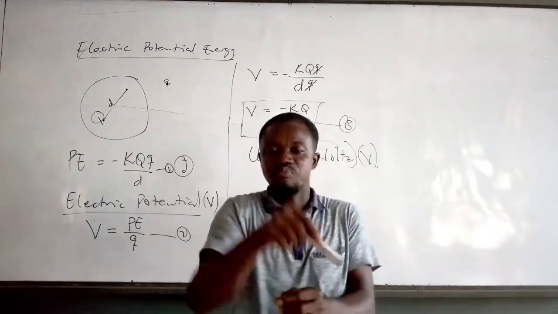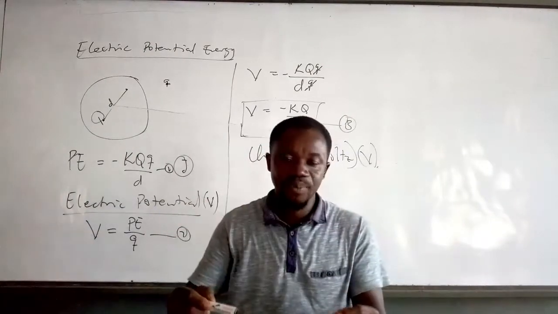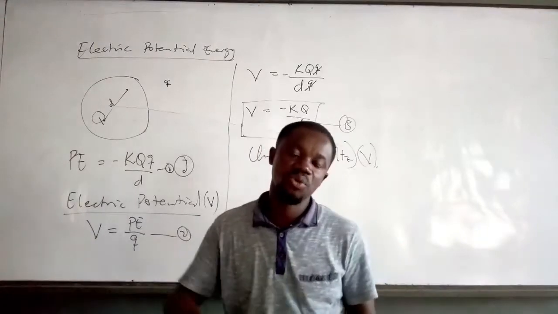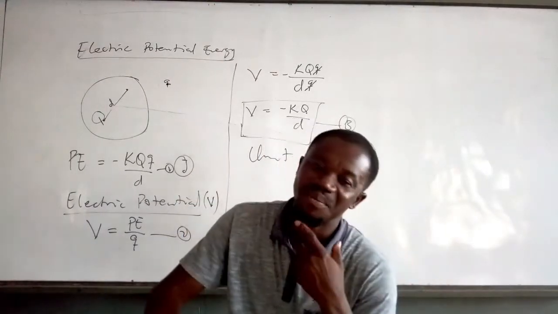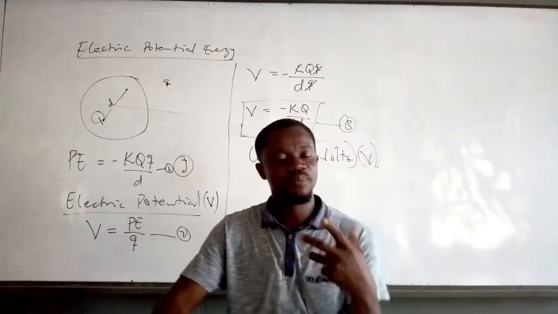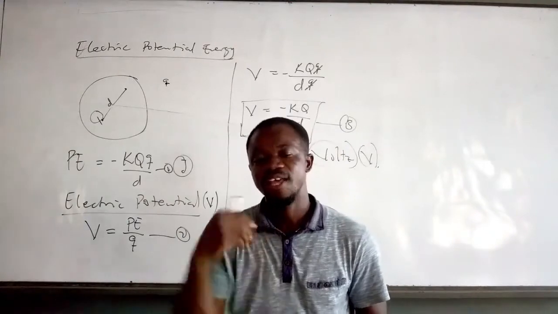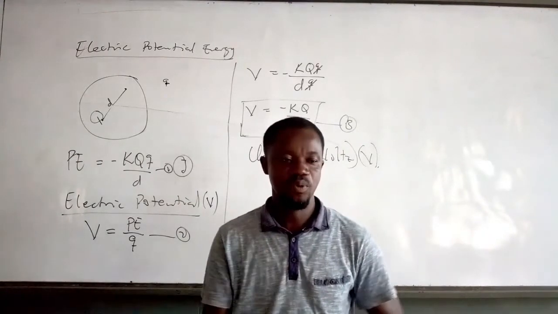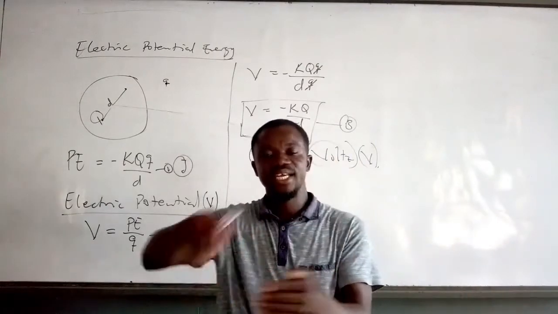We are moving it from one point in the field to another point in the field, from a point of low potential to a point of high potential. That is what we call electric potential difference. I hope you understand what I'm talking about. So electric potential difference is the work done per unit charge in bringing that charge from a point of low potential to a point of high potential in an electric field.